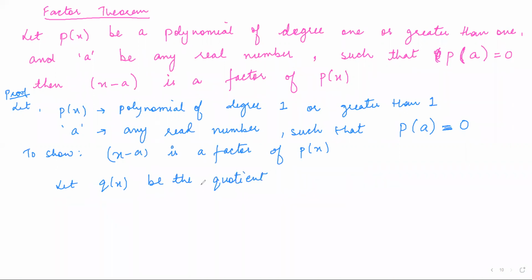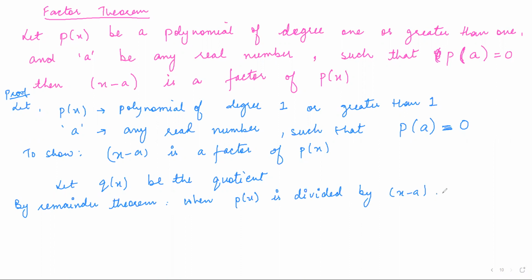So from the remainder theorem, we know that when P(x) is divided by x minus a, it gives remainder equal to the value of the polynomial at a.